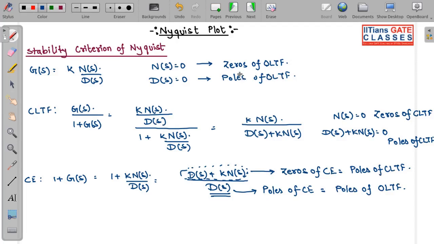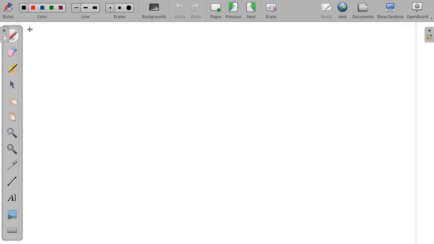Okay, so now let us study the principle of argument. This theorem or this principle I am not going to prove. So basically what does this principle of argument state? This actually comes from your mathematics. Suppose we have a complex plane.